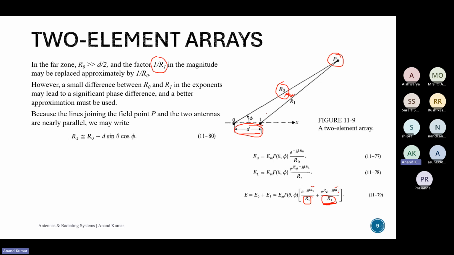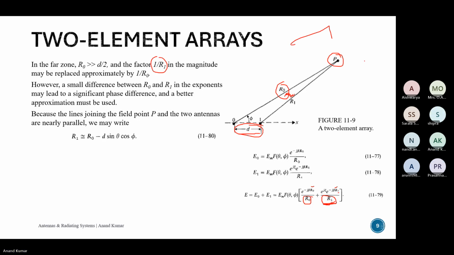So if we take a look at this particular triangle over here, did I miss something?